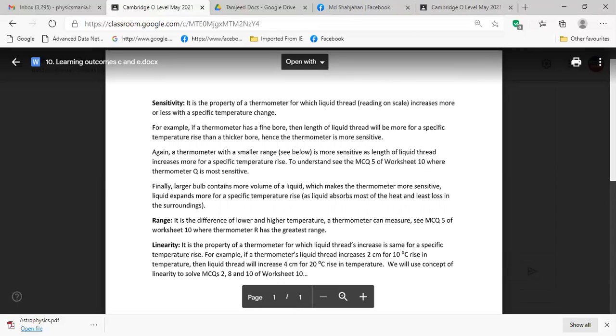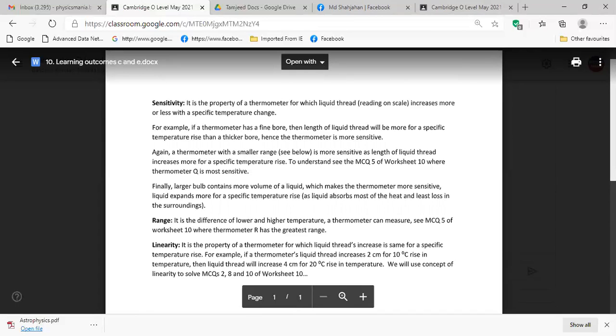Yes, sir. Then next idea, how the sensitivity can change. Thermometer with smaller range is more sensitive as the length of liquid thread increases more for a specific temperature rise.